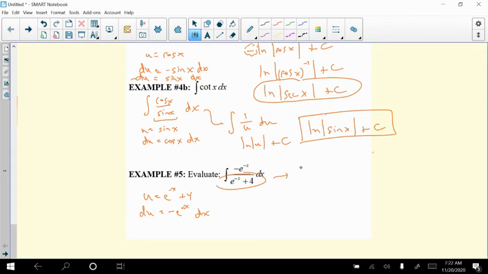How great. So then it's the antiderivative of 1 over u du, which is the natural log of the absolute value of u plus c, and u was e to the negative x plus 4. Now, nothing wrong with leaving it like this, but some of you might realize that this is always positive.